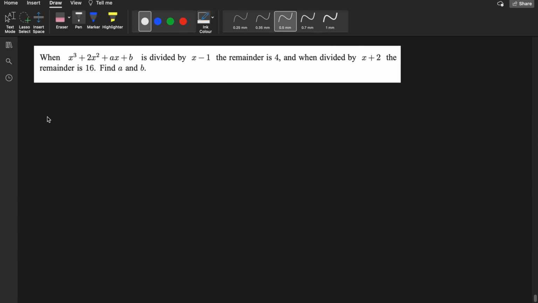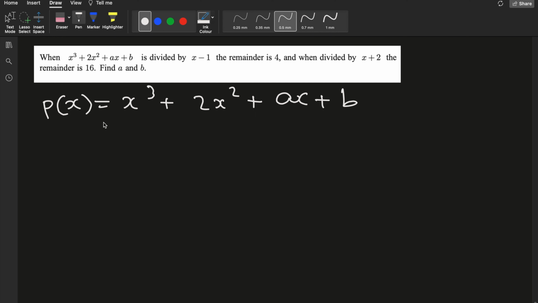So now let's solve this lengthy problem. So let's define P of x as x cubed plus 2x squared plus ax plus b. So it's given that when the polynomial is divided by x minus 1, the remainder is 4. So it implies that P of 1 equals 4.